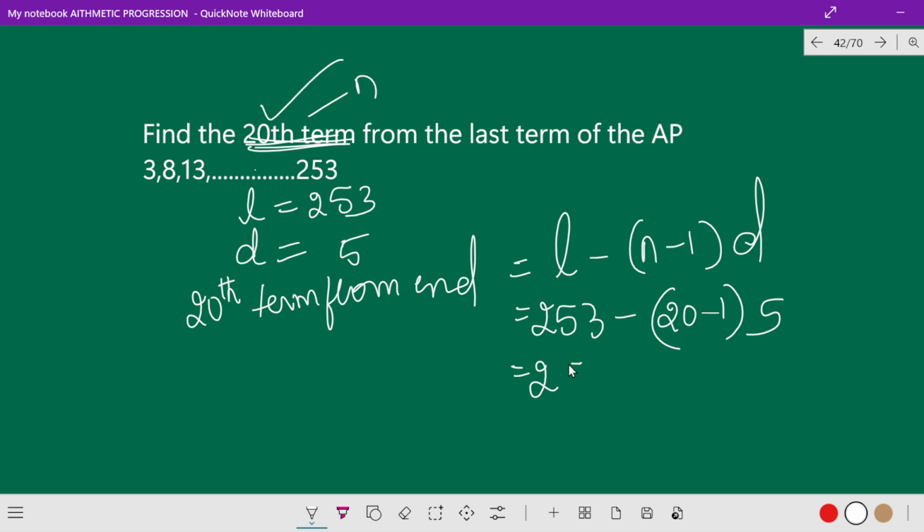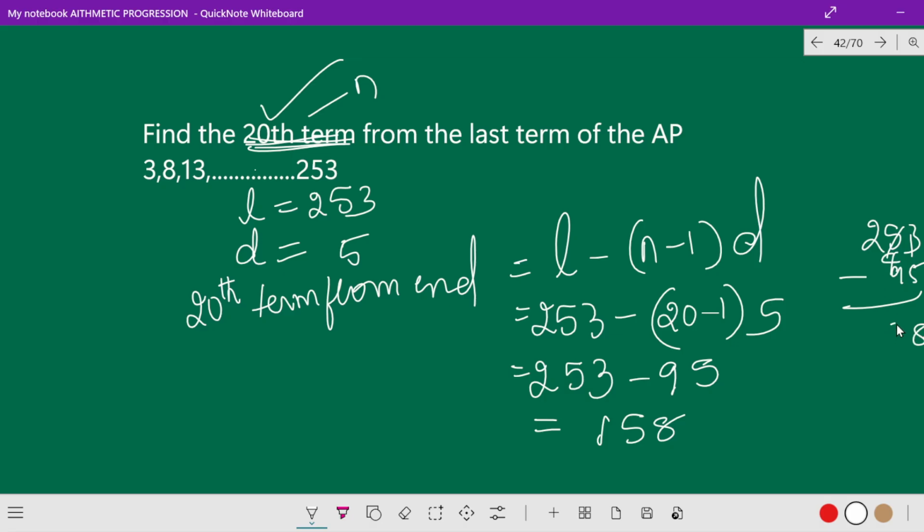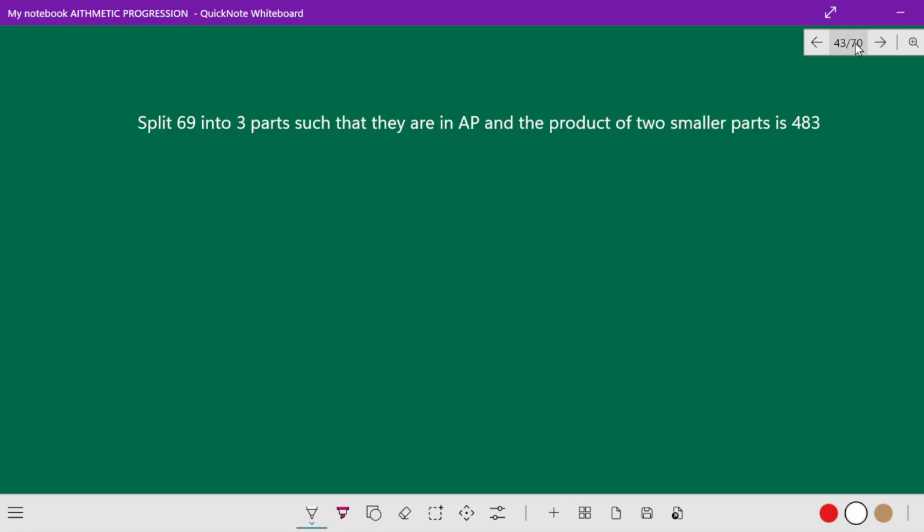So this is 253 minus 19 into 5. 19 into 5 is 95. This is minus 95. So 253 minus 95 will give me 158. So the 20th term from the end is 158.